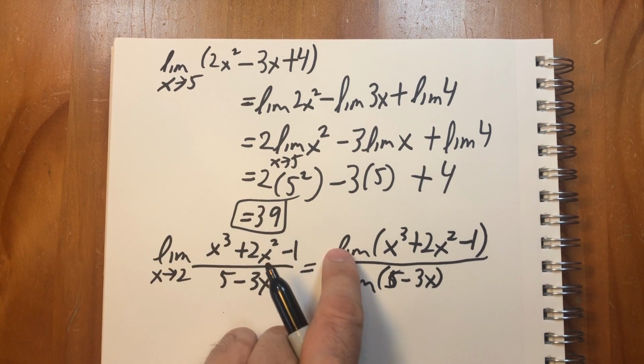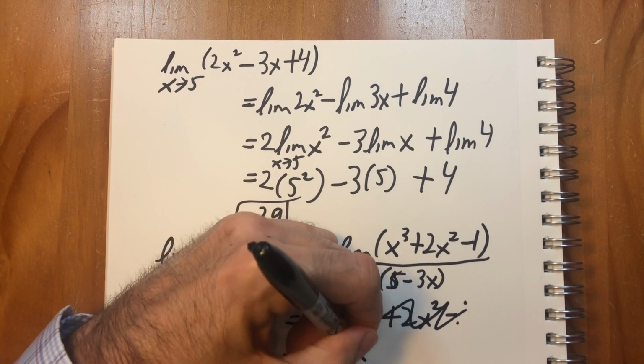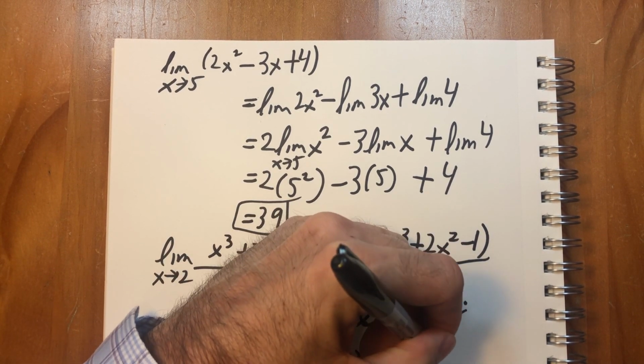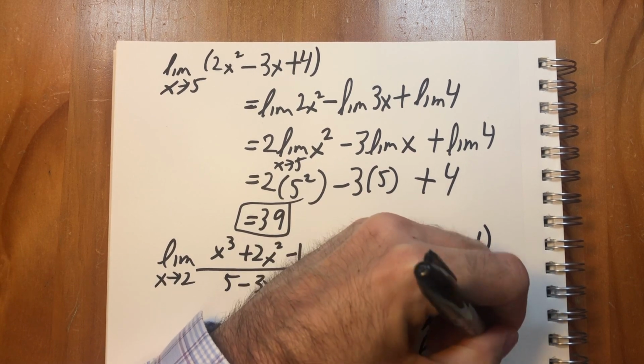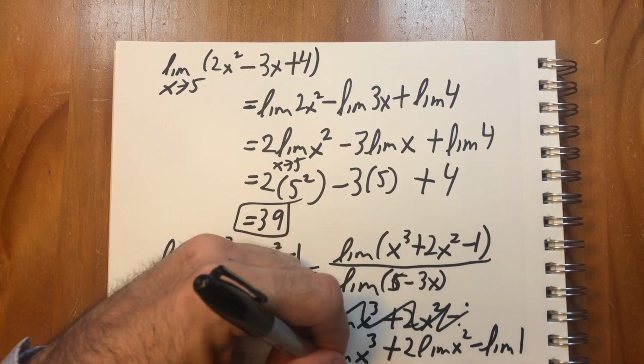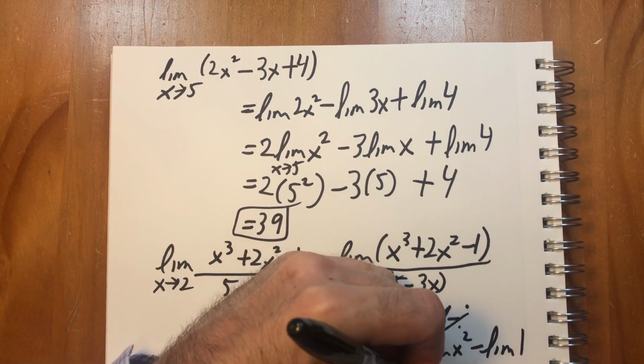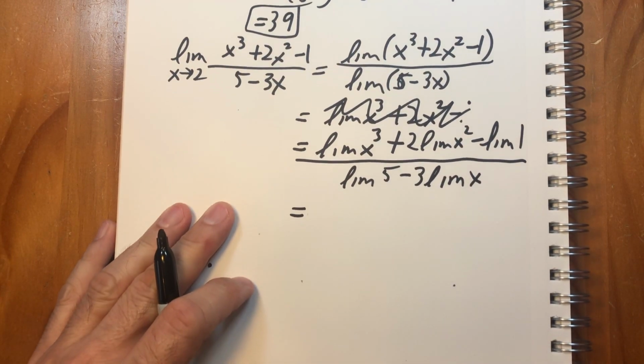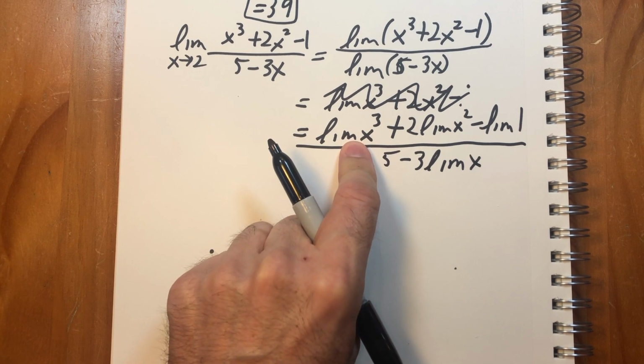So moving on, now we can distribute through: the limit of x cubed plus, and I'll do the constant law too, 2 times the limit of x squared minus the limit of 1, over the limit of 5 minus 3 times the limit of x. And now we can just use 7 and 9 again.